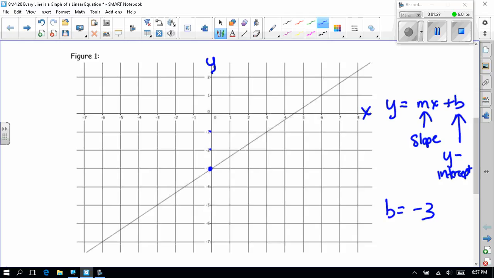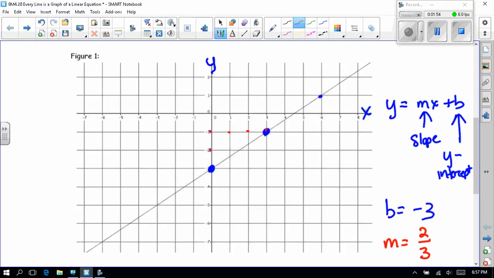We count our slope when we find another set of integer coordinates that the line crosses. Our slope is rise over run. To get from our point here to our point here, we go up 1, 2, so up 2, and then right 1, 2, 3.